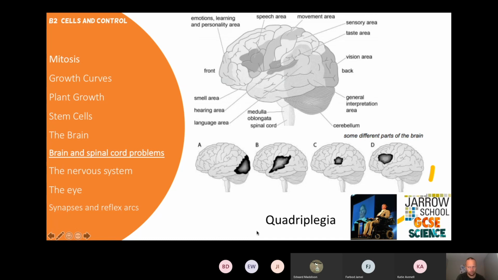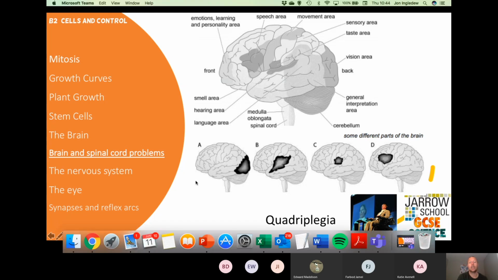Right, another keyword was quadriplegia. A quadriplegic is someone who has all four limbs which cannot be used because they have a problem with their spinal cord. So this is Christopher Reeve, who played Superman in the early Superman movies, and he fell off a horse.